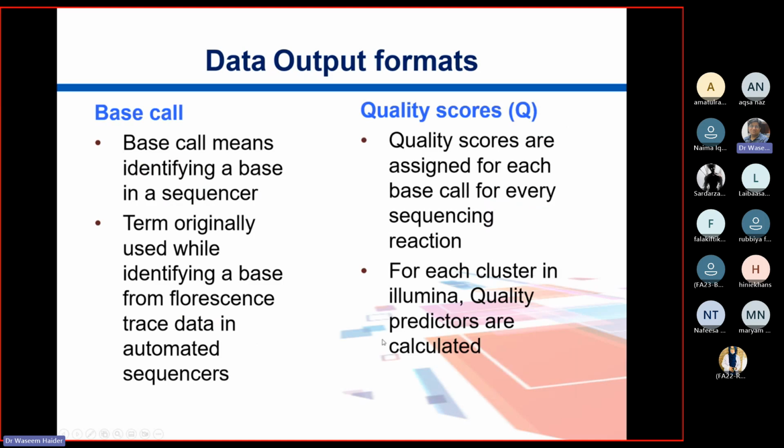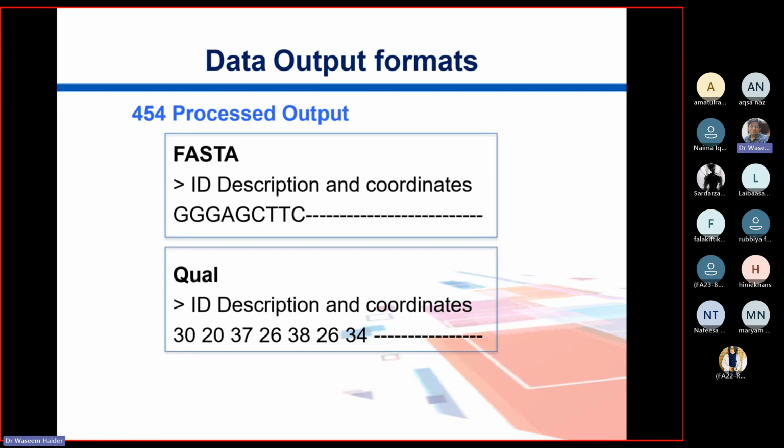Okay. So here we covered the base calls. Base calls mean which base is this, and then here we also talked about quality scores. So in FASTQ format, both things are there, right? Initially, we were having FASTA format for the sequence and quality scores in another file. So a FASTA file and a qual file, two different files, as in 454, those initial sequencers, right?